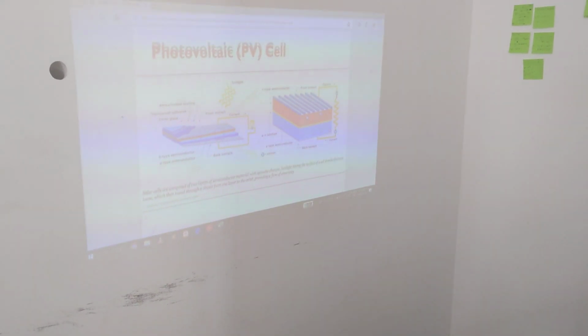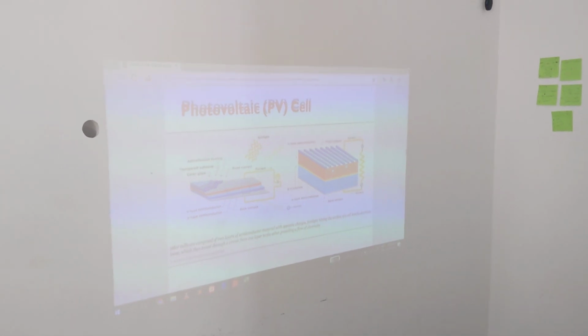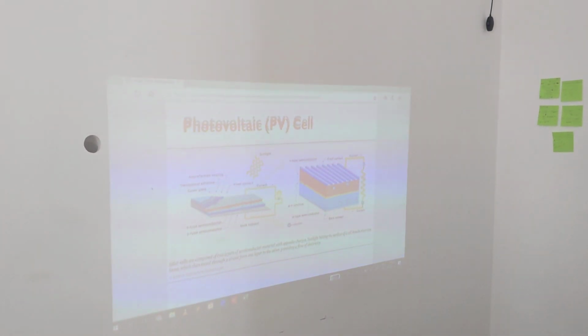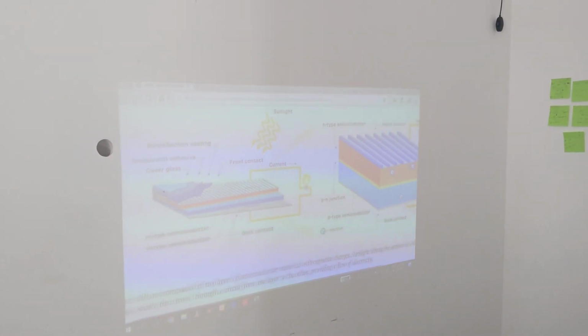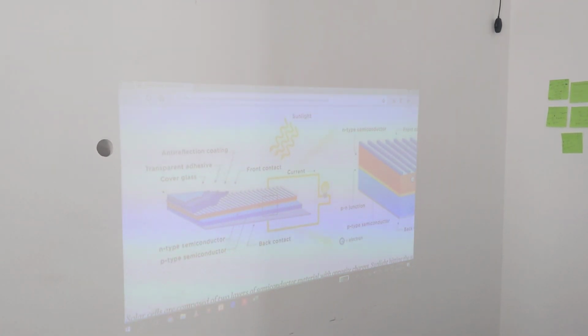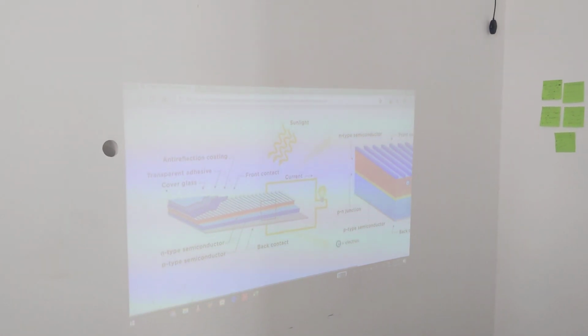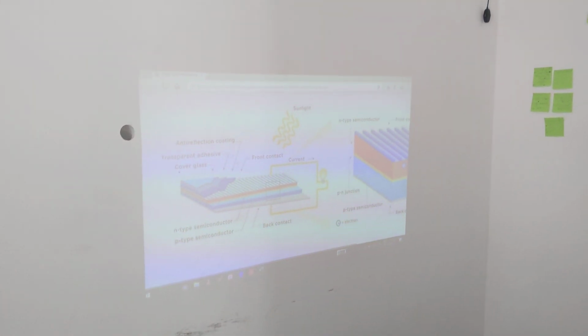So with this picture, when they come here, this picture will tell you how the panels are made up. The panels have negative and positive.